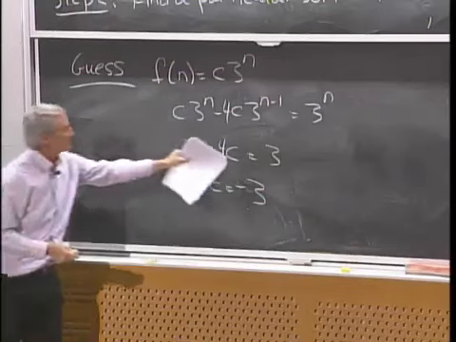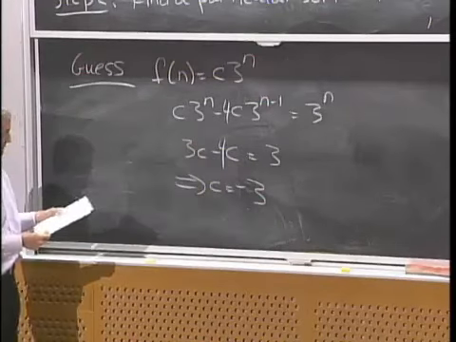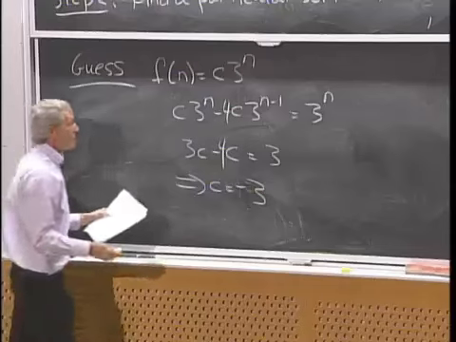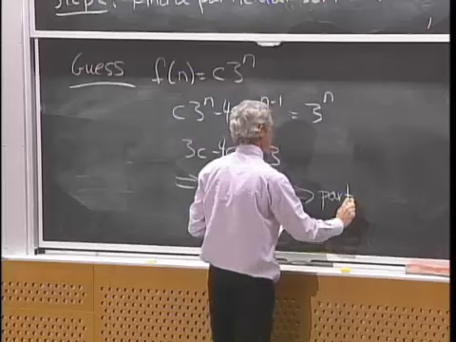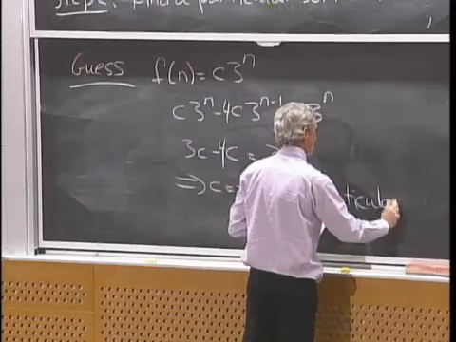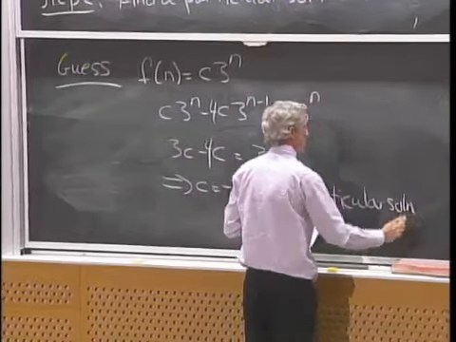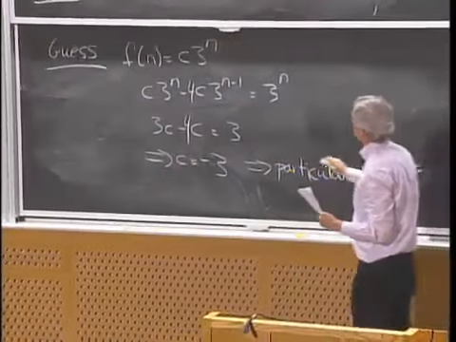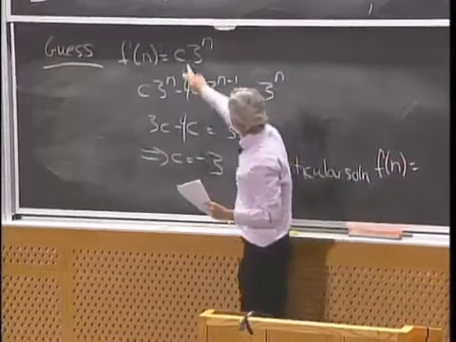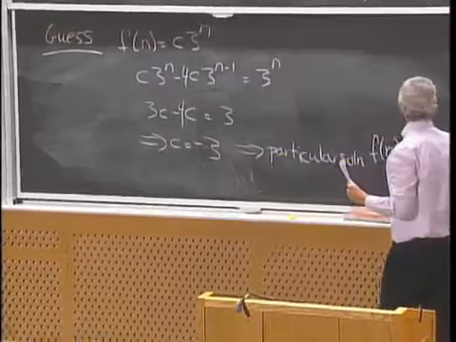Okay, because I get minus c equals 3, so c is minus 3. All right, that means that the particular solution is just f of n equals c is minus 3, minus 3 to the n plus 1.